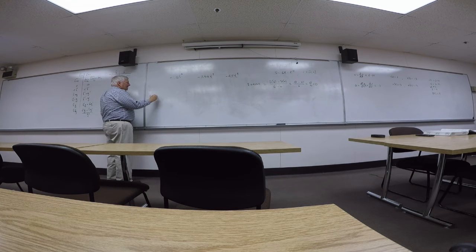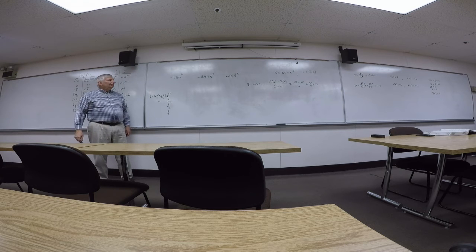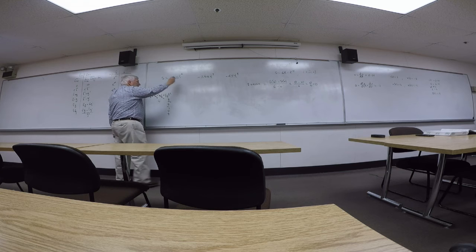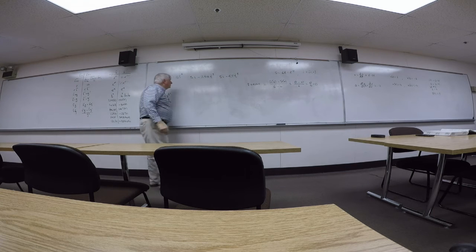S equals S naught plus V naught T plus 1/2 AT squared, where S naught is 0, V naught is 0, and A is the associated g of Mars or Jupiter or Earth.